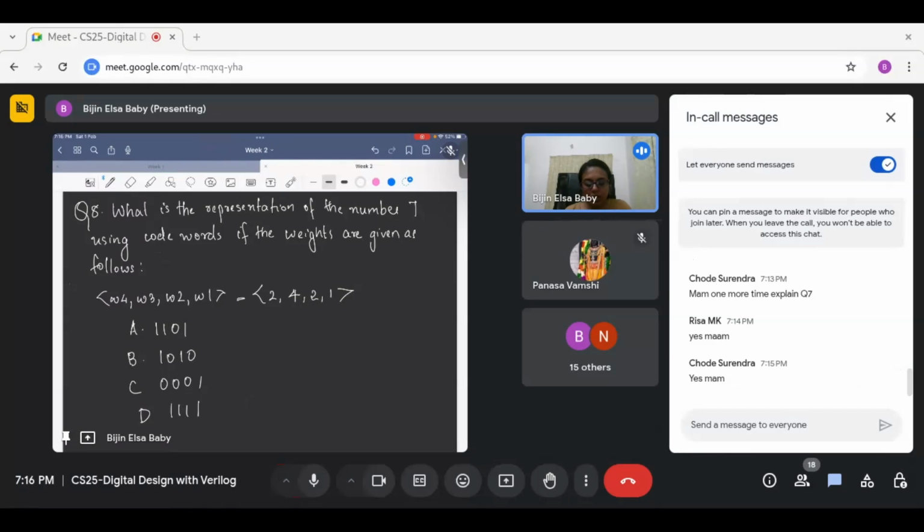The question is, what is the representation of the number 7 using code words if the weights are given as follows? 2421 is the weight.